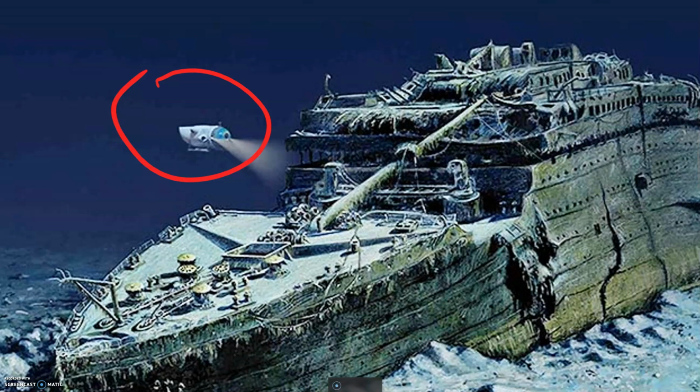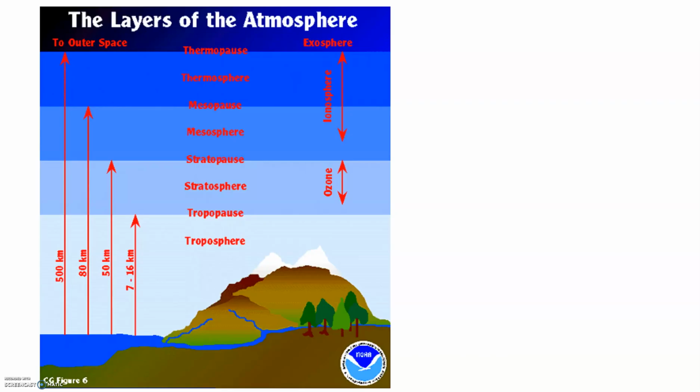How does it work with air? Believe it or not, it works the same way. So this is our atmosphere. And our atmosphere, you can see, is about 500 kilometers. It's about 300 miles from Earth's surface all the way to the edges of outer space. And while air is not as heavy or dense as water, it definitely has weight.